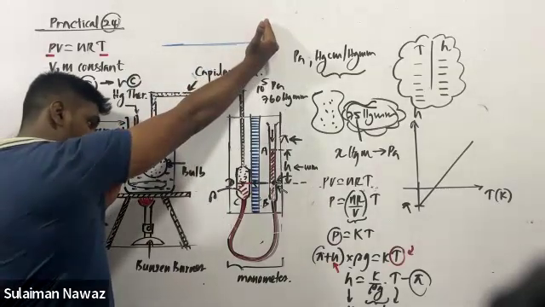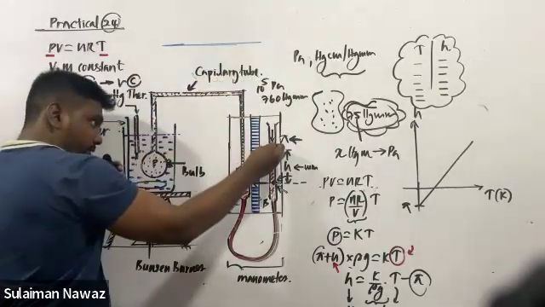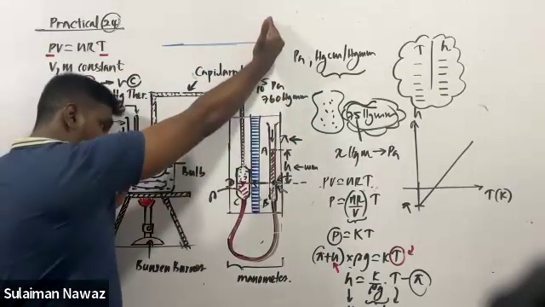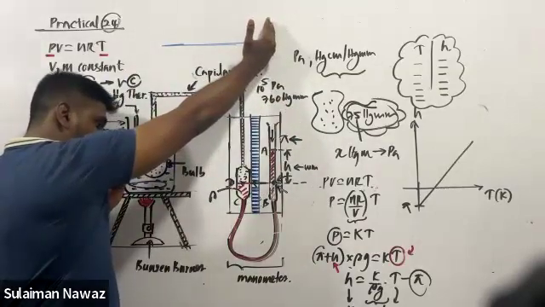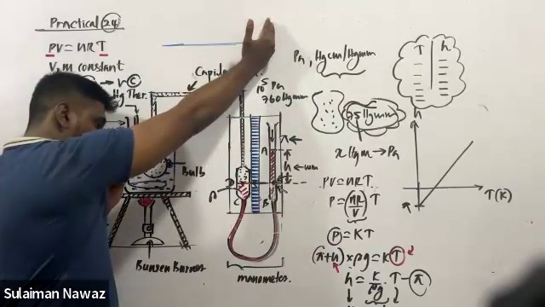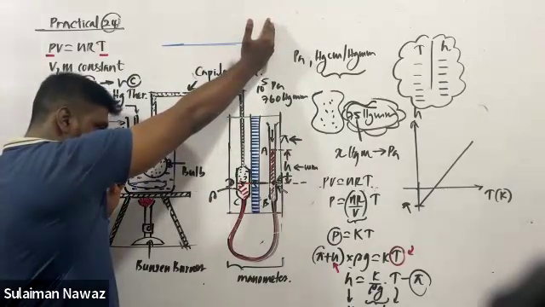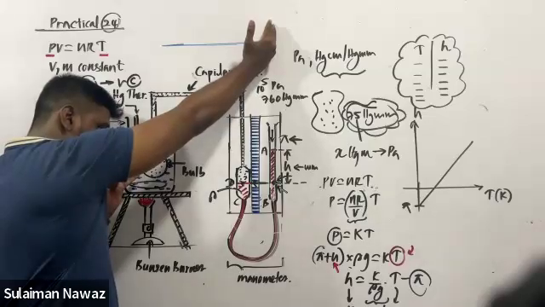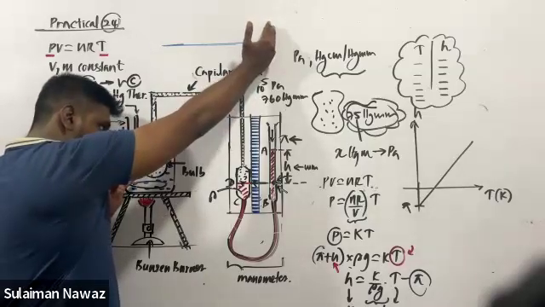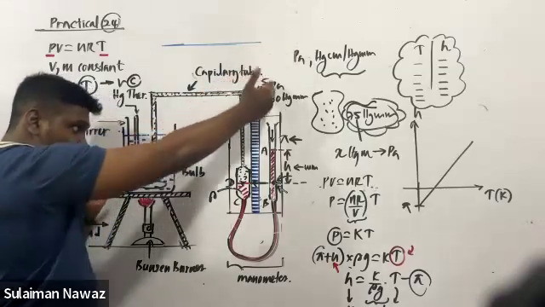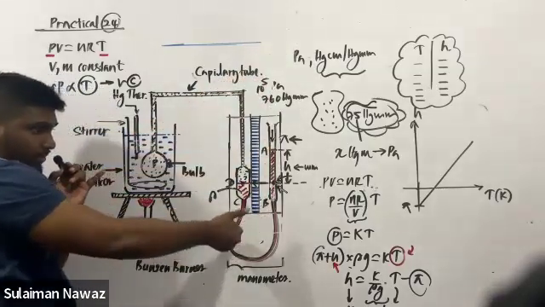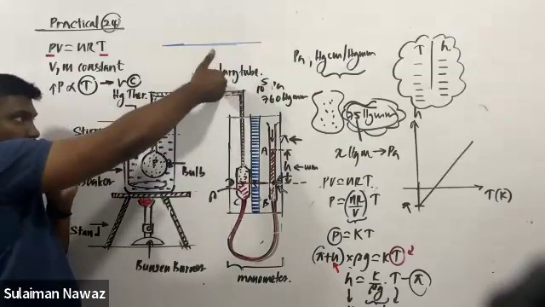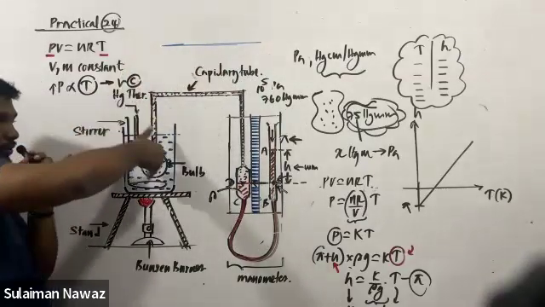Then what you do, you turn off the Bunsen burner and you exit the lab. Then what will happen when this bulb cools down? Actually, they are saying the mercury in this AB tube can go through the capillary tube and can get into this bulb.